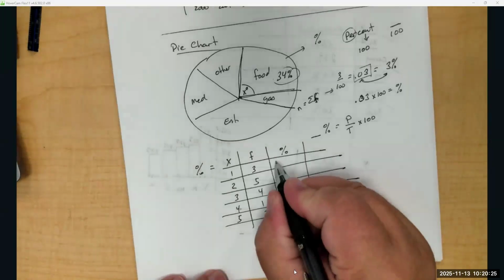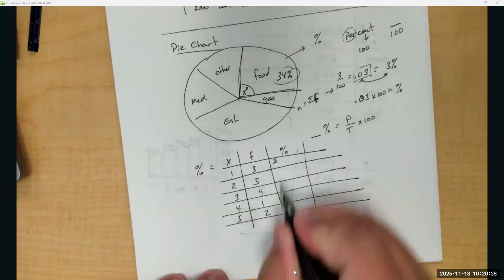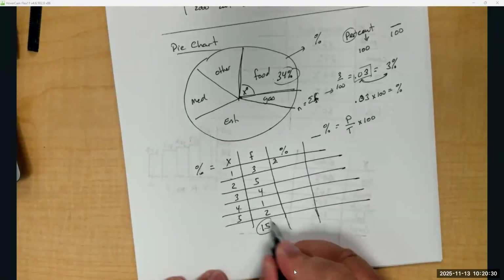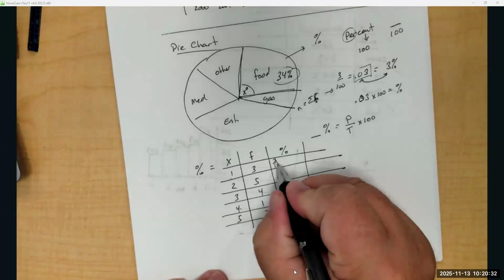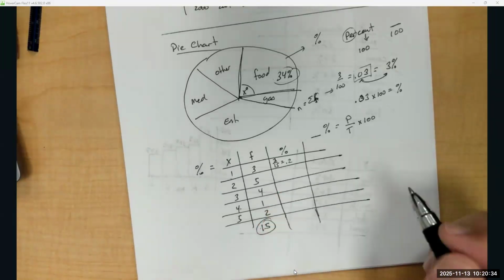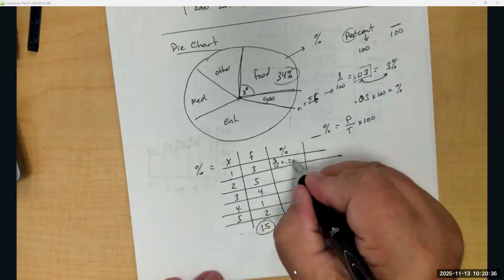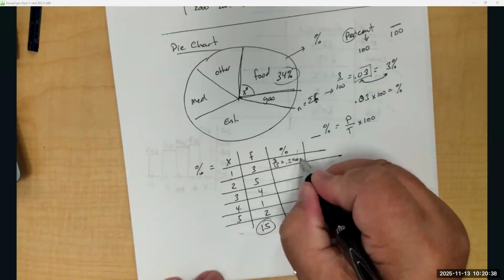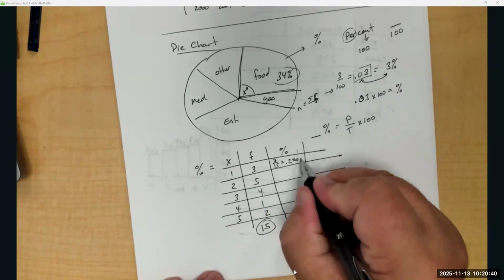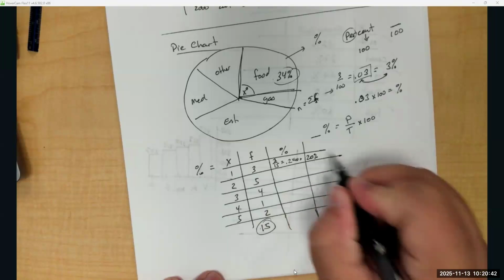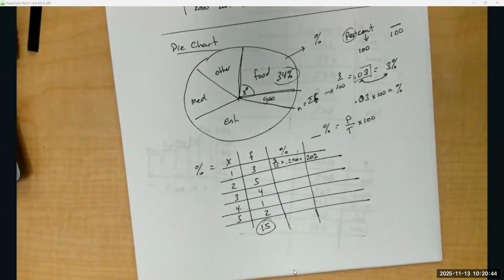So the first one, first off, we have to get n. We have 15. So 3/15 equals 0.2. Times 100, we get 20. So it's 20%. Do that to all of them.